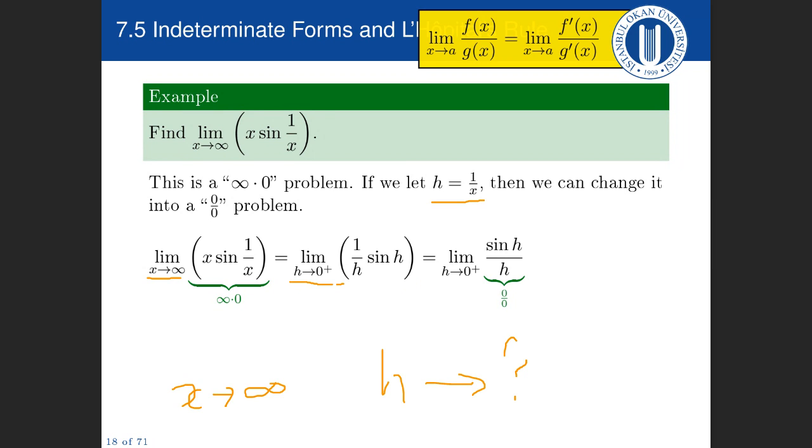Well, h is equal to 1 over x. What happens to 1 over x when x gets bigger and bigger and bigger? 1 over x gets smaller and smaller and smaller. And because we're just dealing with positive numbers, h is tending to 0 from the right. x tends to infinity is the same as h tends to 0 from the right.